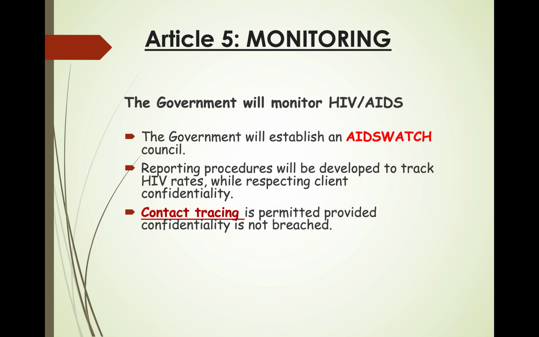So technically, they can simply get the information from the NRL, the SACCL SLH, because all the information taken from our national reference laboratory could be used for epidemiological purposes. And when it comes to contact tracing, it is also permitted, provided that confidentiality is not breached. They could be tracing the different individuals that have been exposed.